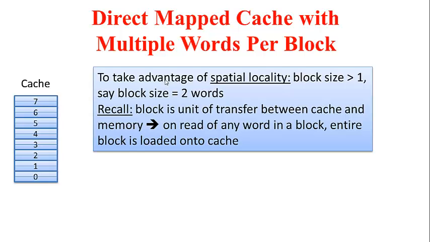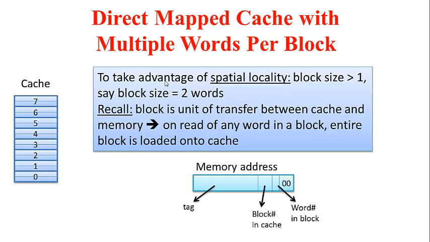For example, during sequential instruction execution, if one instruction causes a miss in the cache, then in handling that miss, the next instruction, which is also part of the same block, will be loaded onto the cache, and hence when it is executed, it will face a cache hit in the instruction access.